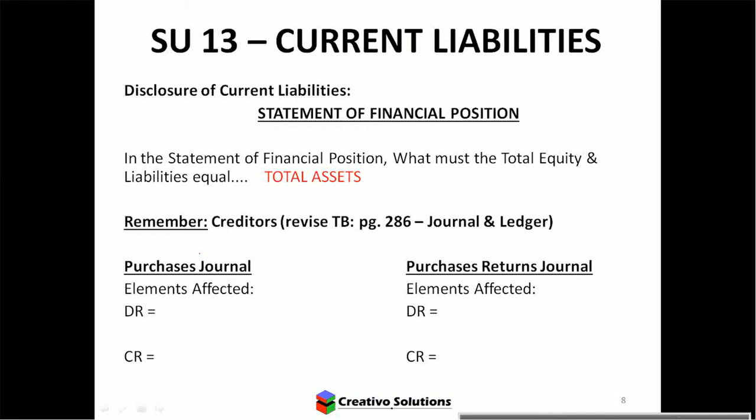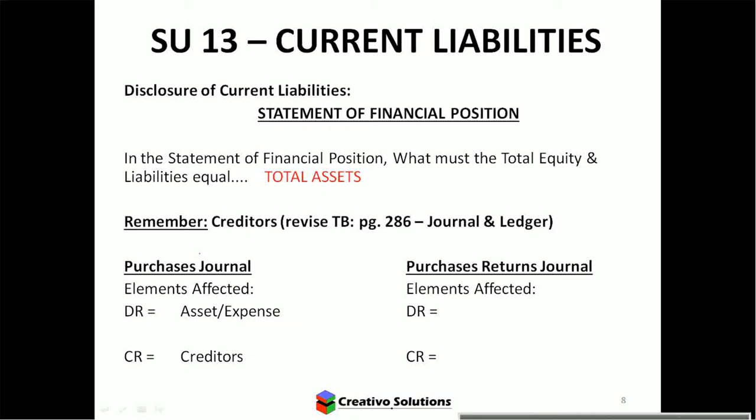Okay, what do I debit and credit in the purchaser's journal? Credit liability and debit purchases. Good. Okay, what is the liability called though? Creditors. It's a purchaser's journal.